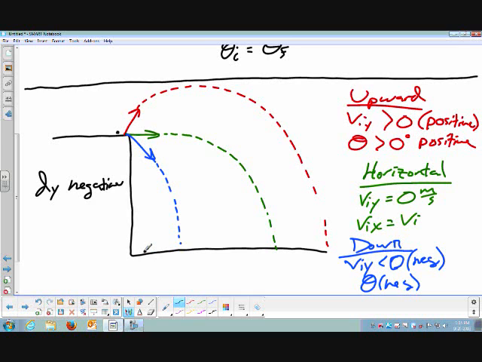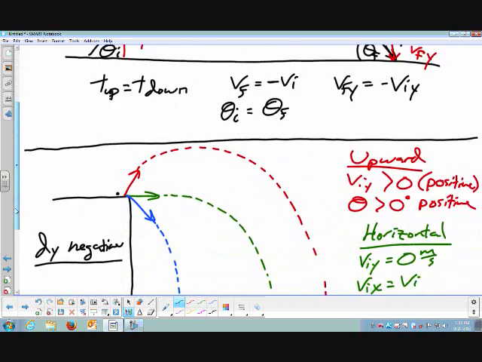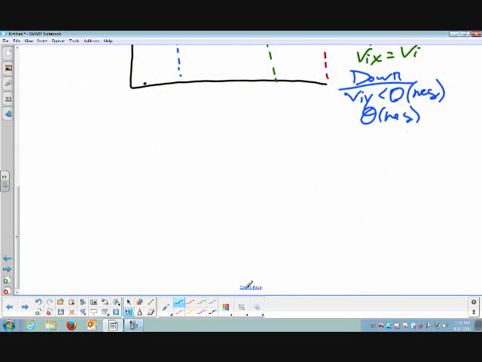And so when I'm plugging in numbers to do the calculations, the height of the building or the cliff, I'm going to reference that as a negative value in terms of dy. So we looked at displacement as 0, and we've looked at the displacement in the y direction being negative.